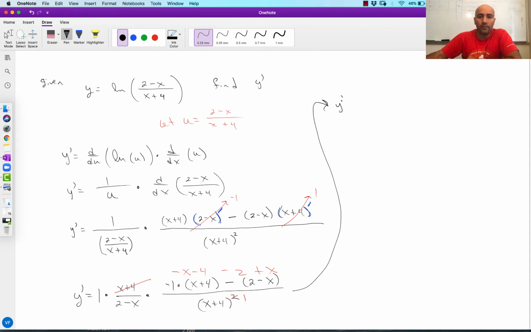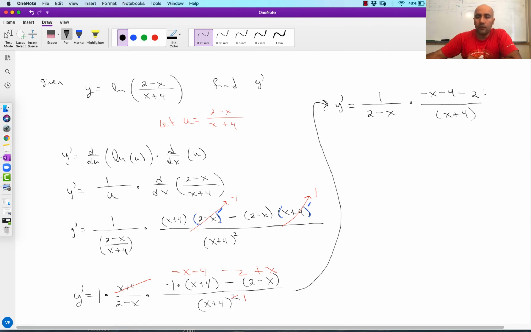So we get y prime equals a fraction where now the denominator is just going to be 2 minus x, and this just becomes 1. This got canceled. Times another fraction where the denominator now only has one copy of the x plus 4 since one of them was reduced. And in the numerator, we end up with a minus x minus 4 minus 2 plus x.